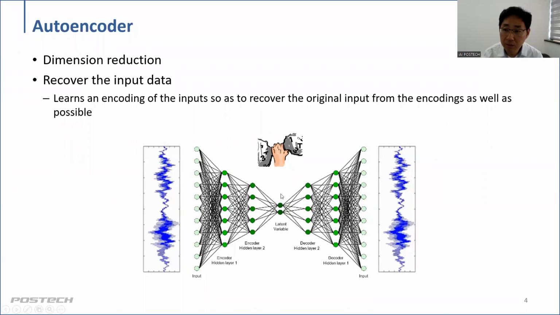Over there, 2 values are the only numbers that we need to memorize to represent the MNIST data set. And from those 2, we can reconstruct.